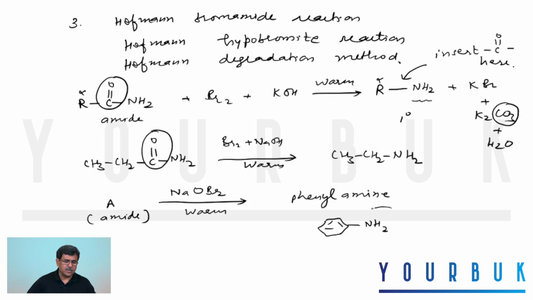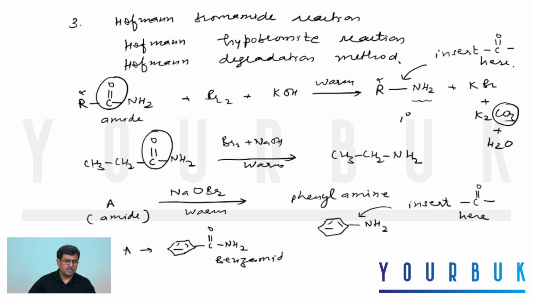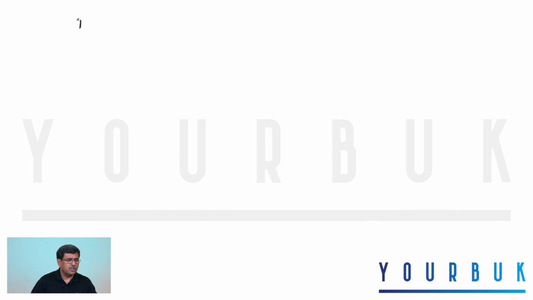So in the backward direction you insert CO group here. As a result, the structure of the compound A is this, which is called benzamide.